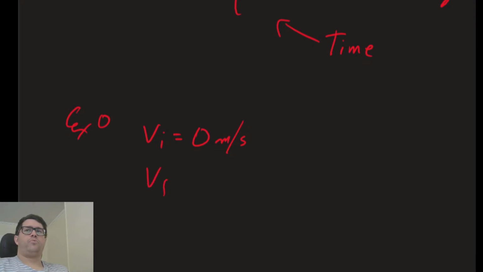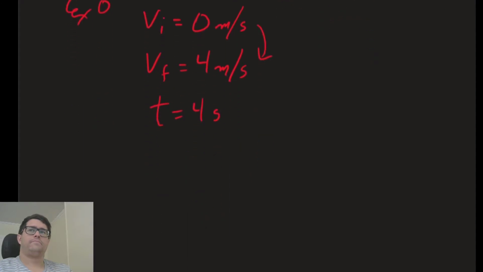They want to end up with a velocity of 4 meter per second, which is 4 meter every second. So 4, 4, and 4, right? So there's 4 meter every second. And let's say that they want to take 4 seconds to reach that speed, right? And then what's the acceleration?